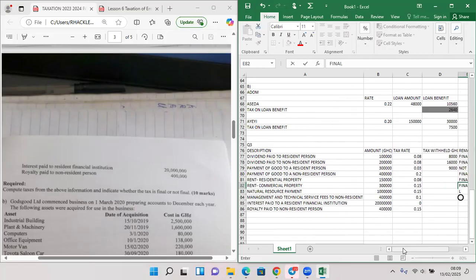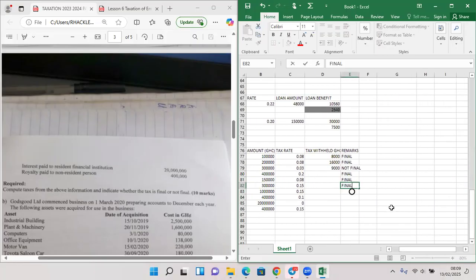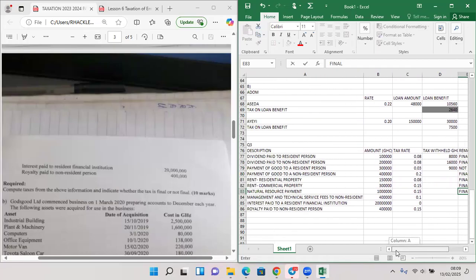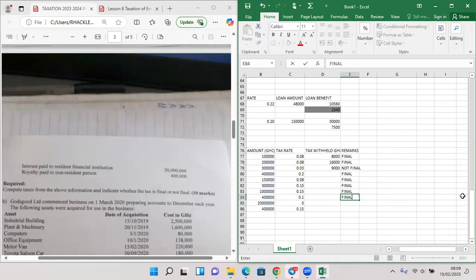And the natural resource payment is final. This one is also final. And this is tax exempt. The interest paid to resident financial institution, tax exempt.